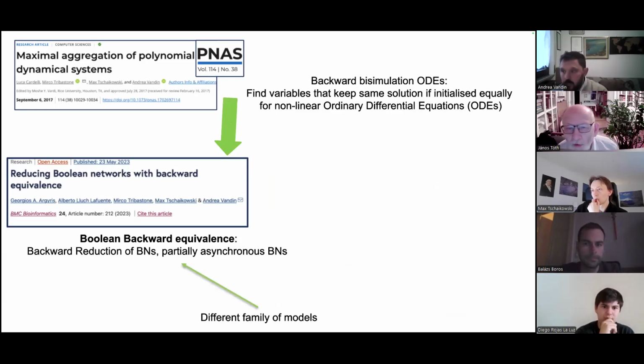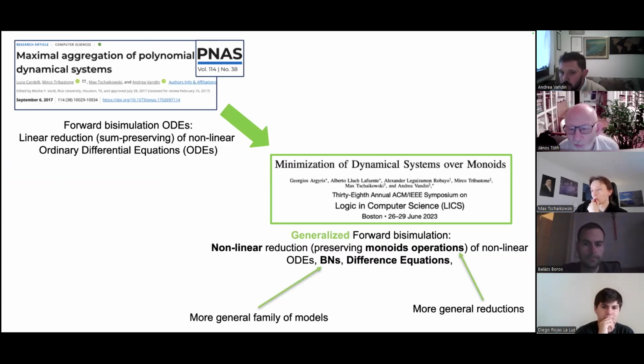Excuse me, Andrea. Here you use nonlinear in a more general sense than polynomial? In this case, it's still polynomial, but we have also reduction techniques for ODEs with greater nonlinearities. We cover the entire decidable fragment of the reals of Tarski.